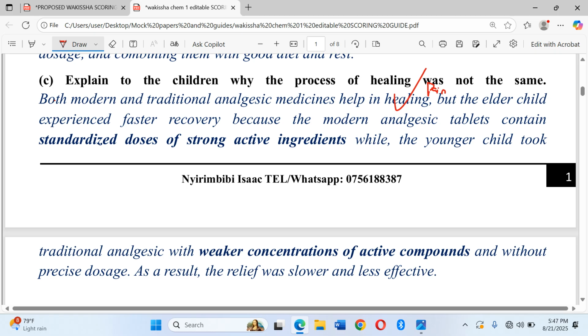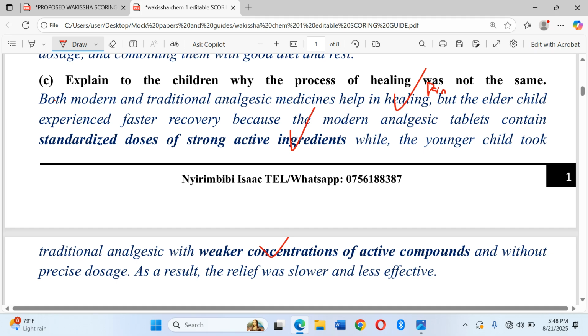Now, look at the difference which we have put. But the elder child experienced faster recovery because the modern analgesic tablets contain standardized doses of strong active ingredients. Are you seeing that? While the younger child took traditional analgesic with weaker concentration of active compounds and without precise dosage.